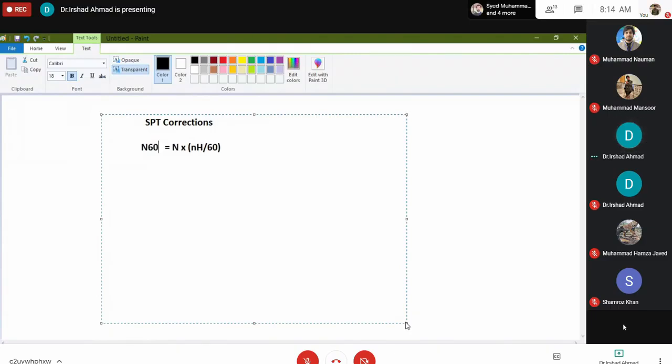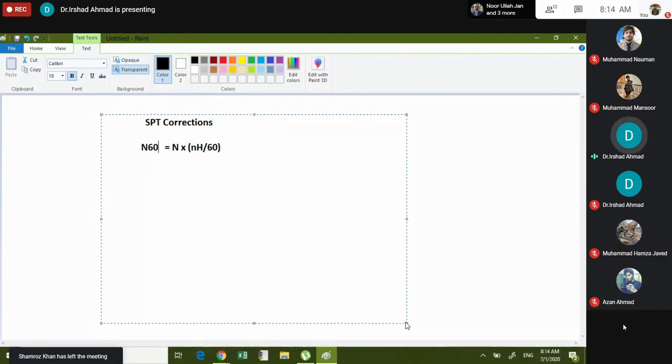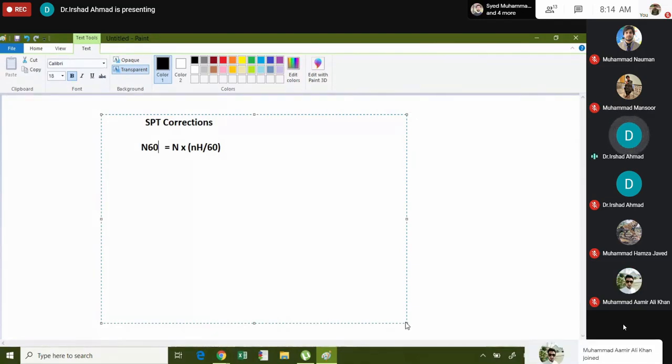N60 means an SPT count which a standard SPT machine of 60 energy ratio would have recorded. So by this way you have converted N into N60. How? Multiply N with the energy ratio of that machine divided by a standard energy ratio which is considered to be 60 in our case.